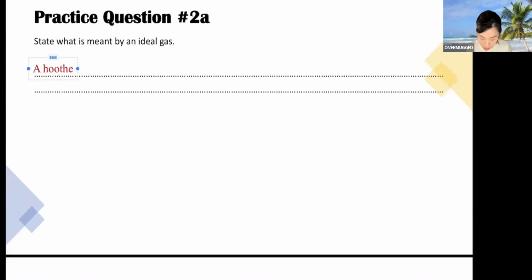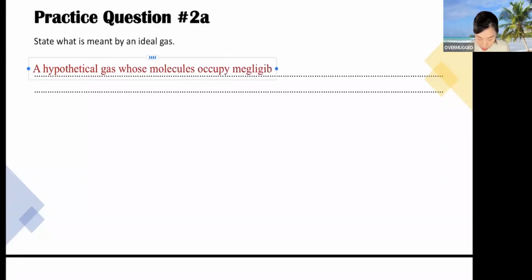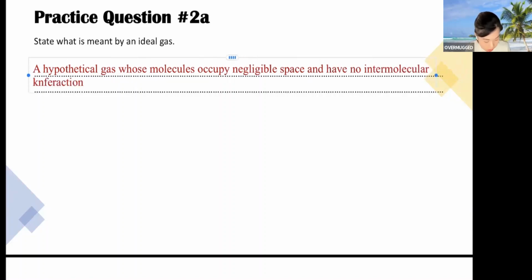Okay, so we say that an ideal gas is actually a hypothetical gas. Why is it hypothetical? Because it doesn't exist in real life. And in order for a gas to be an ideal gas, the molecules need to occupy negligible space and have no intermolecular interactions between each other.